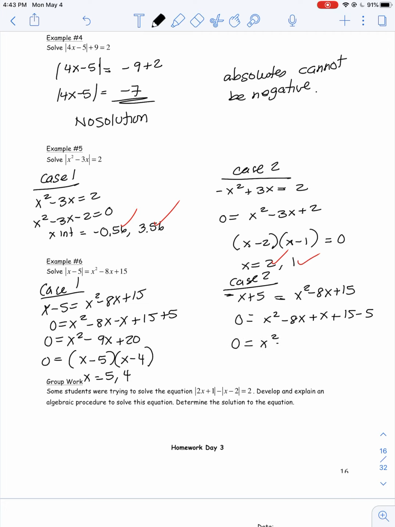Then we're going to have minus 8x plus x plus 15 minus 5. So that will be minus 7x and then plus 10. Again, nicely factorable. Two numbers that multiply to 10 and add up to negative 7 would be x minus 5 and x minus 2. So x could equal 5 and x could equal 2.